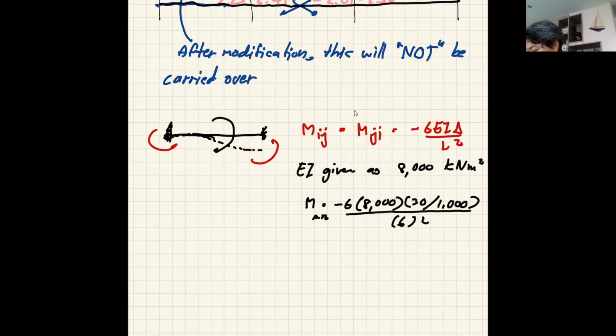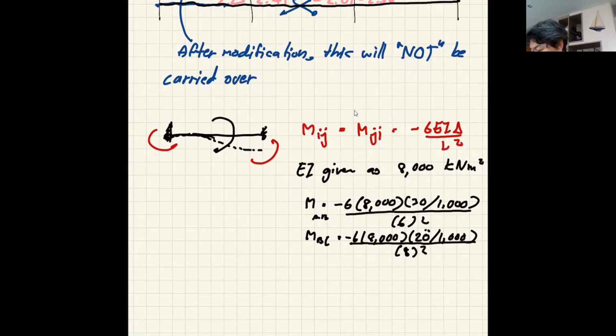And for member BC, it's going to be the same numbers, 6 and 8,000. But the displacement is now different, because you have 30 millimeters and 50 millimeters, so the relative delta should be 20, and divided by the total length, which is 8 meters.